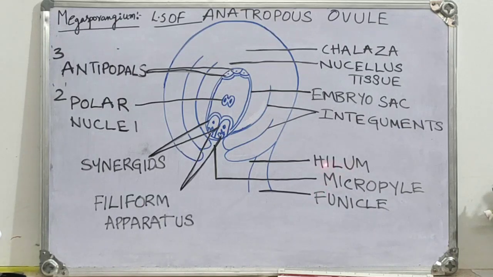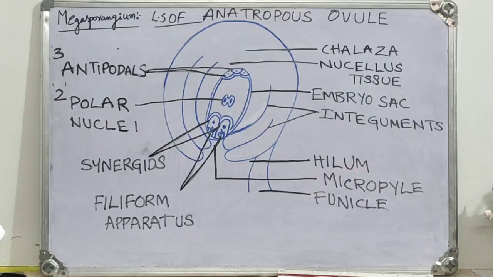So I am telling two important sentences here. Hilum is the region where the body of the entire ovule fuses with the funicle. And another sentence: the junction between ovule and funicle is hilum only.